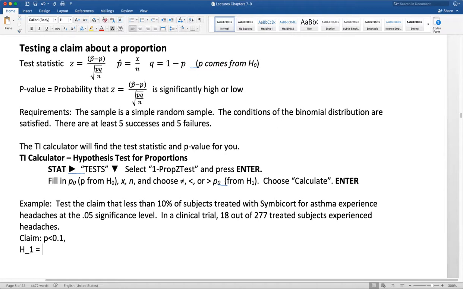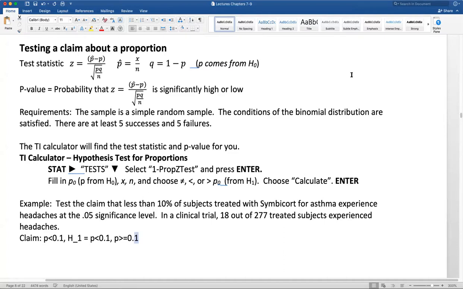H sub 1 is going to be P is less than 0.1. How come? The opposite of that inequality is P is greater than or equal to 0.1.